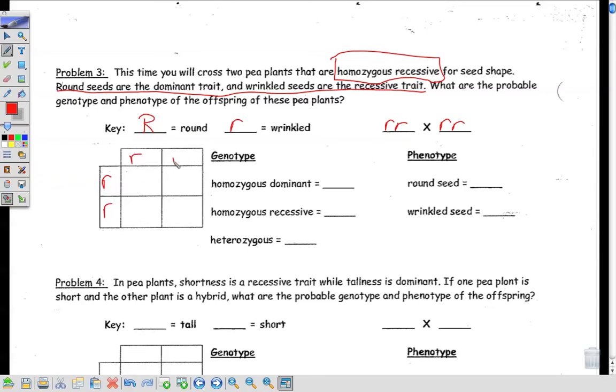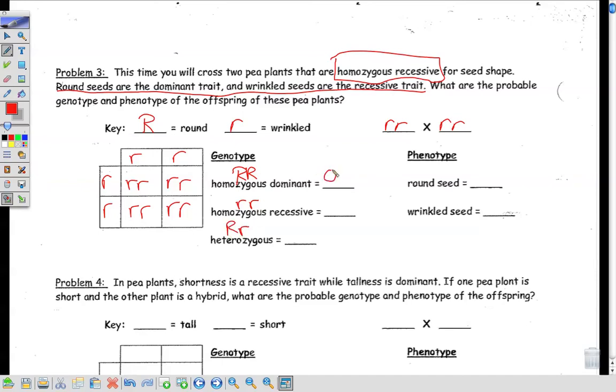It doesn't matter because they have the same. And like I did on the previous page, we noticed that all of our new plants are going to be homozygous dominant, homozygous recessive. So homozygous dominant would look like two capital letters, homozygous recessive, two lowercase letters, heterozygous, one of each.